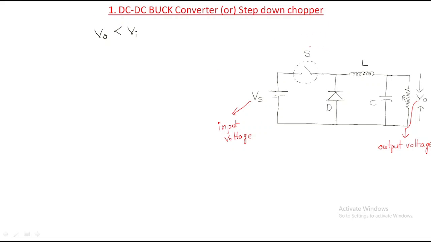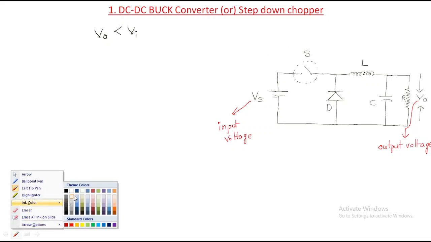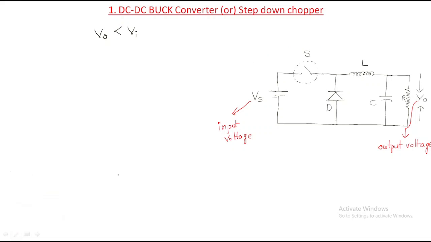In the construction of the DC to DC buck converter, we have to analyze each and every element. The first is the switch. S represents the switch. What is the application of the switch generally?